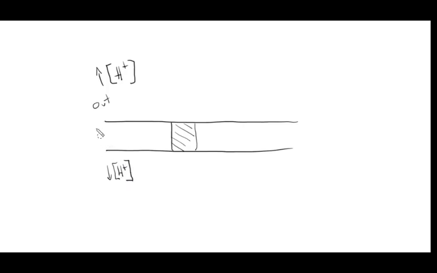So this is our membrane here. We have the outside and we have the inside right here. We know that if we want to have protons going through to the other side and join the higher concentration here, at some point we will need a certain amount of energy in order to do this.